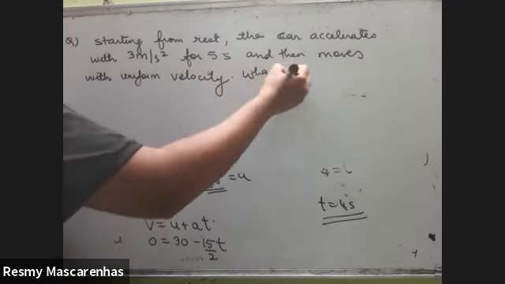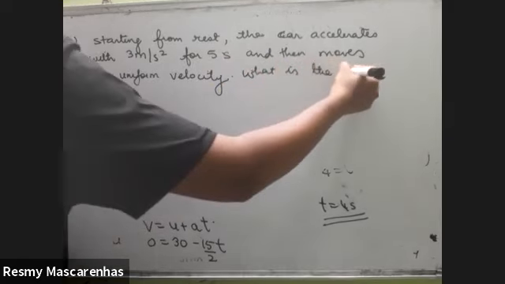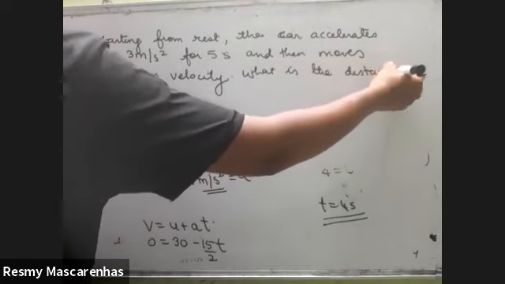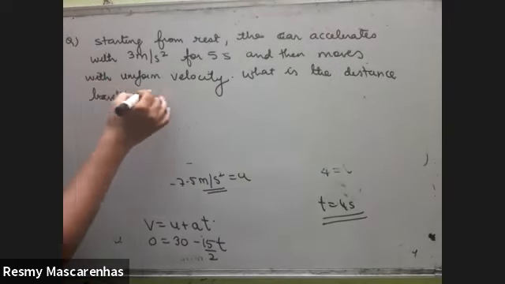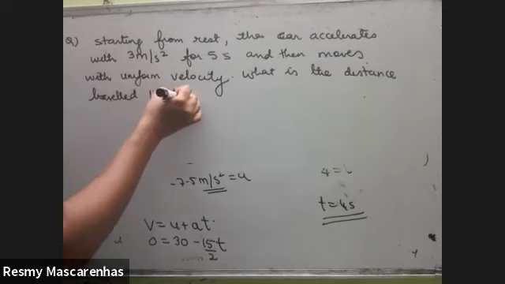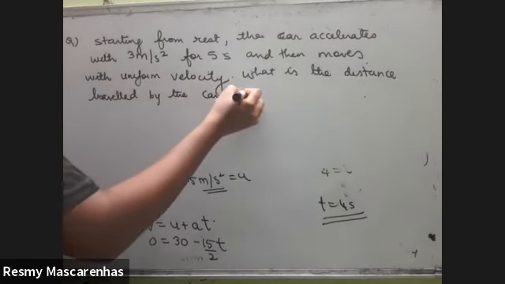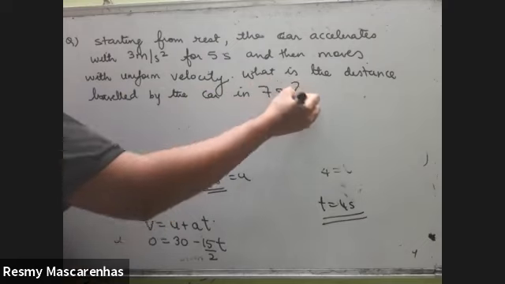What is the distance traveled by the car in 7 seconds?